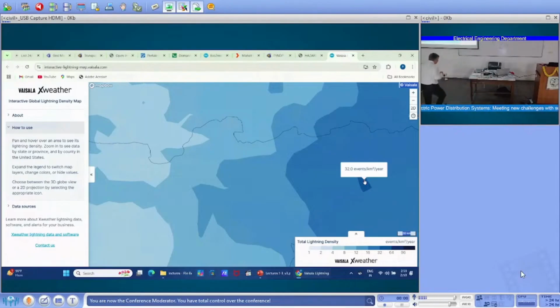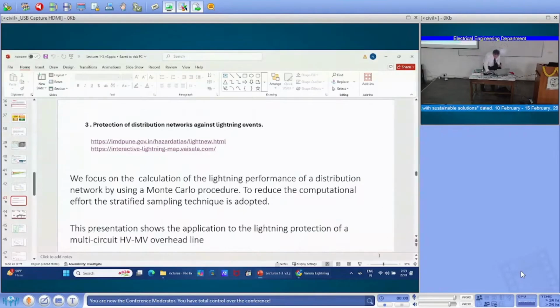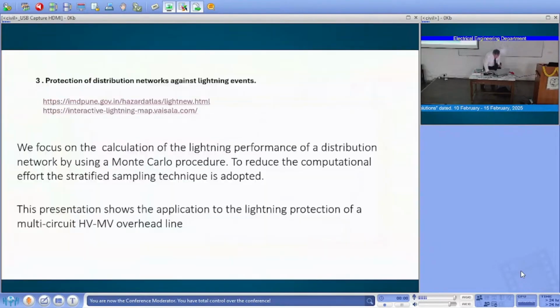So the idea behind our study is to calculate, and we can also move here, we focus on the calculation of the lightning performance of a distribution network. Lightning performance means the number of faults due to lightning, no?